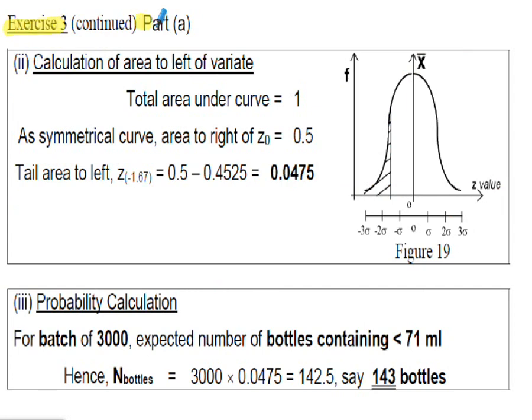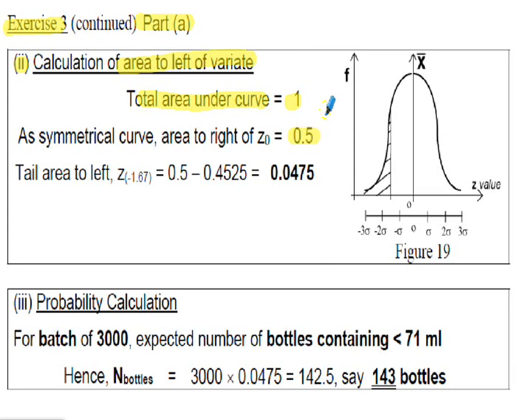Exercise 3, part A continued here, step 2. We need to calculate the area to the left of our minus 1.67 variate, because we are trying to find bottles containing less than 71 millilitres. We know the total area under the curve is 1, and due to symmetry of the curve, half the area on either side of the x bar is 0.5.